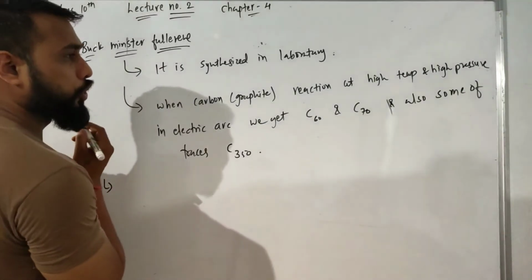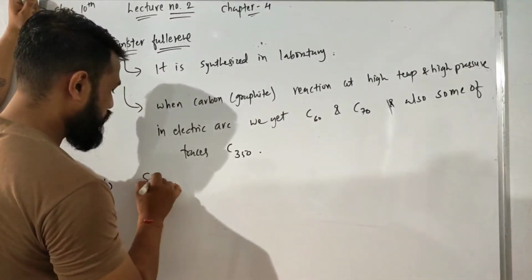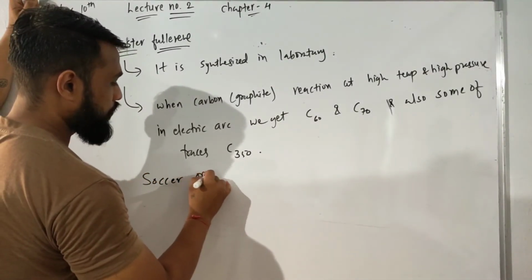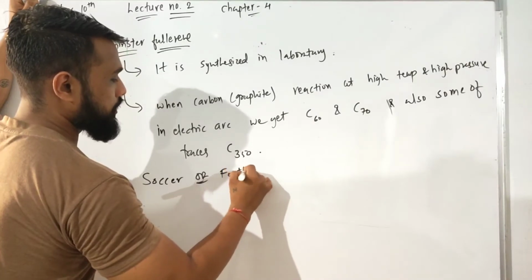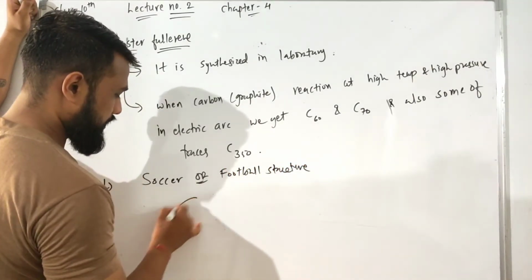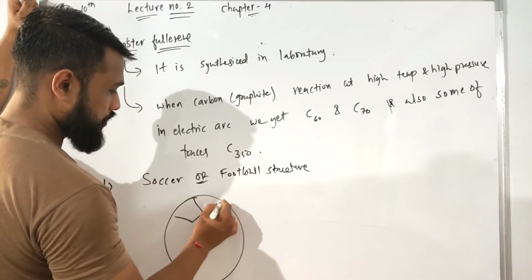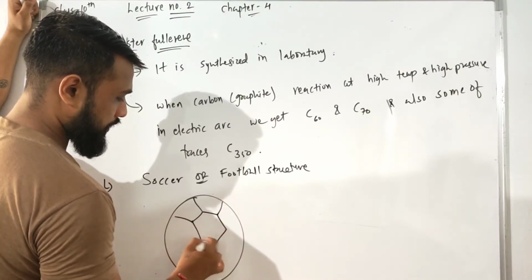Okay. So if we talk about the structure of Buckminster Fullerene, it has a soccer or football structure like this. If we all know about soccer and football.